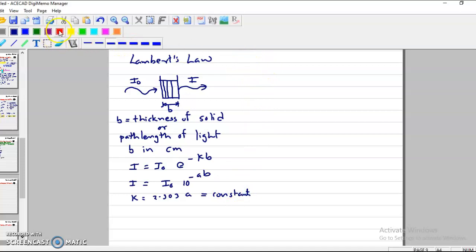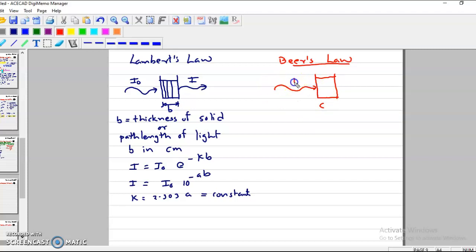Similarly, Beer's law. This is related to solution. Why? Because here we take concentration, C, of the solution.